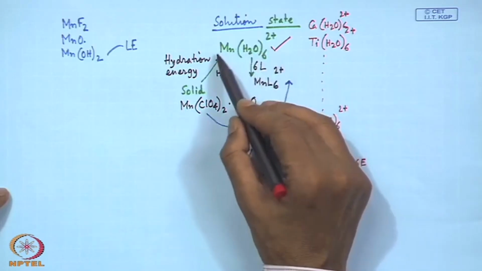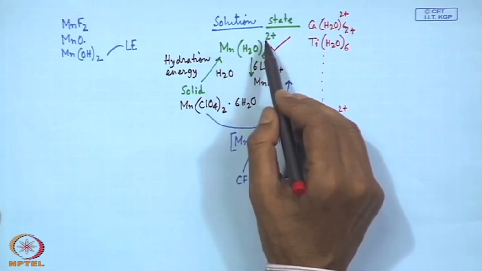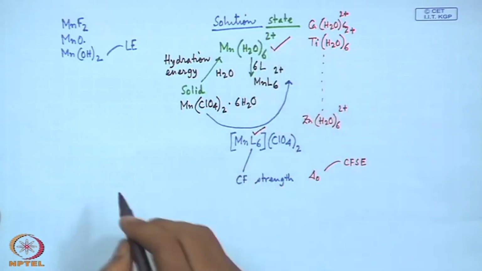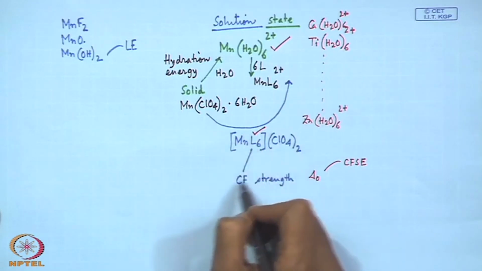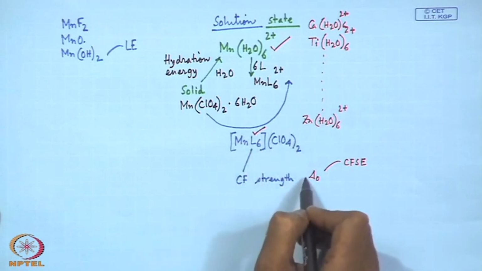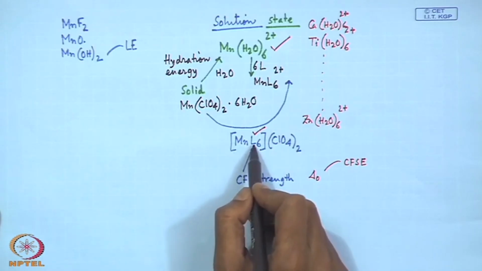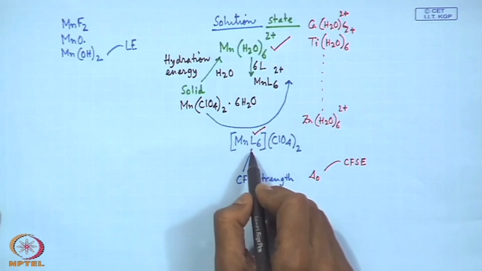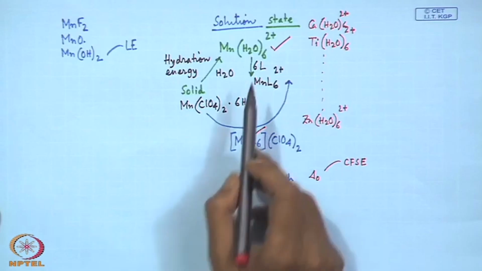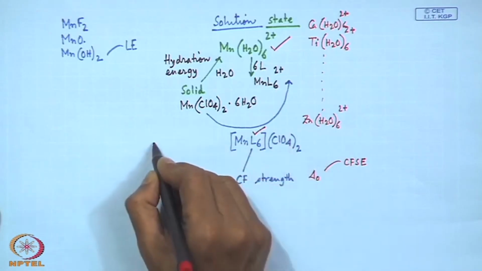If it has a very high energy contribution towards the formation of these species, and if the energy contribution towards the crystal field stabilization due to the presence of the L group, the second step of interaction, it may not be possible all the time to substitute all the 6 water molecules from the coordination sphere.